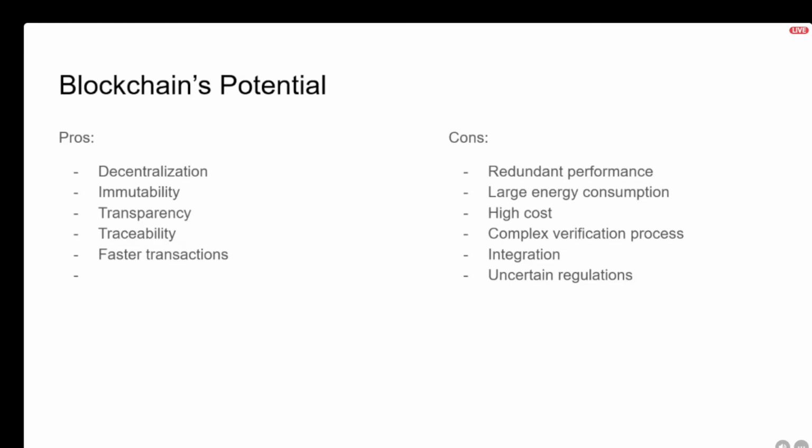It also has a bit of redundant performance. Every time a block is added, all miners have to update their ledger and check that they aren't adding an already approved transaction. So blockchain is also costly to mine.